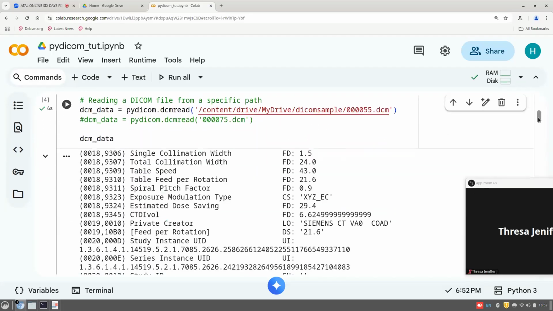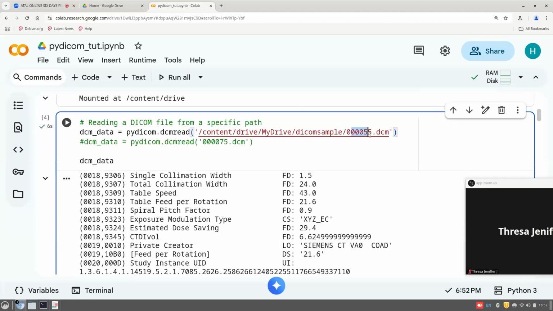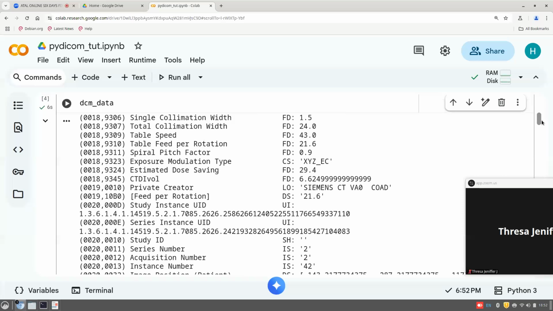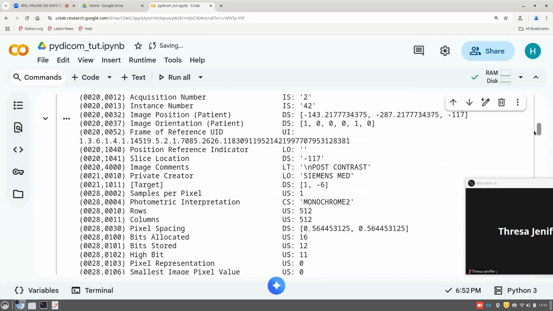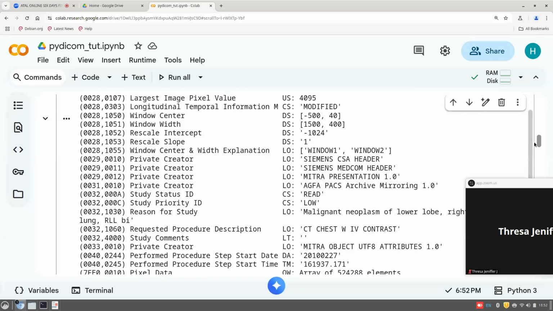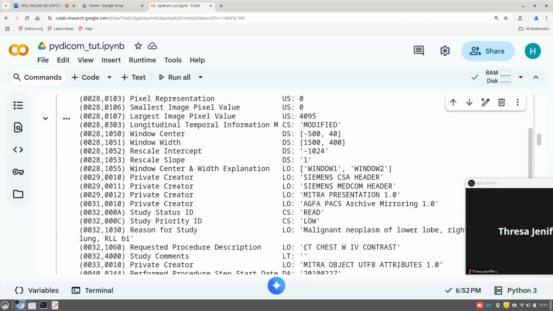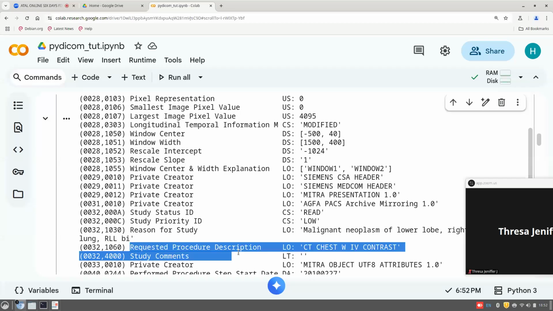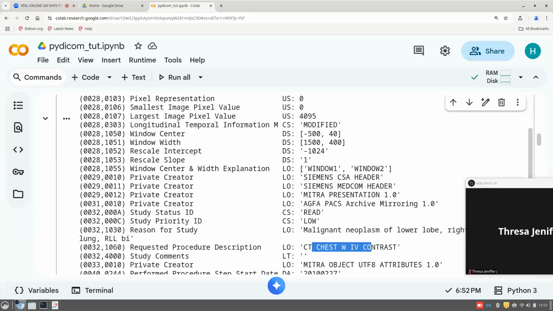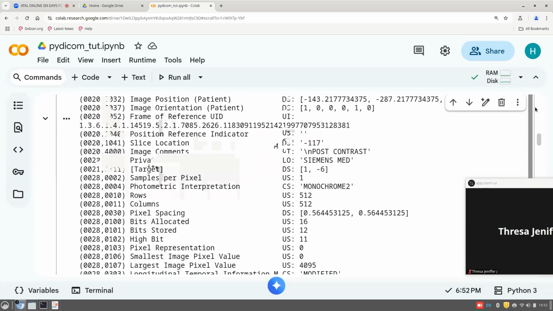So DICOM format means this file does not have only the image but also the patient information and the machine information. So this image is actually a CT scan image, not an X-ray image, which you can see from this PyDICOM metadata. That is, 00321060 is the tag, and the requested procedure description is CT scan, and there are other metadata information.